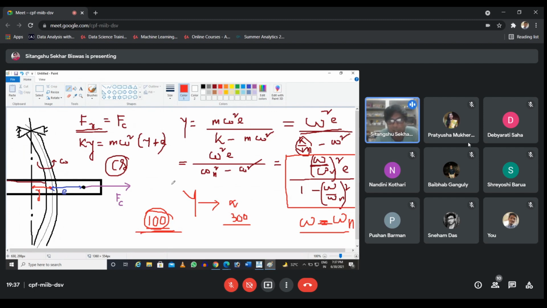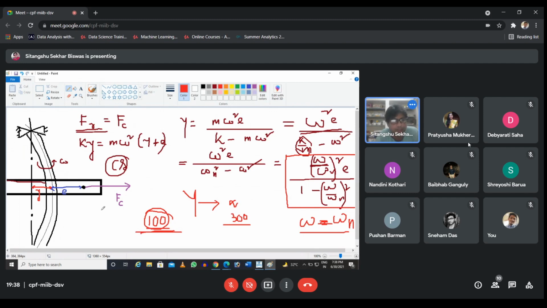That means once the operating speed of the rotating system is matched with the natural frequency of the system, then this kind of thing will occur and your deflection will be very, very high.